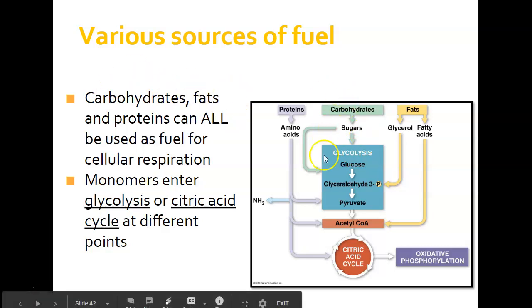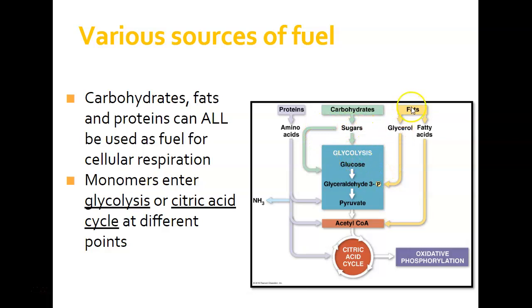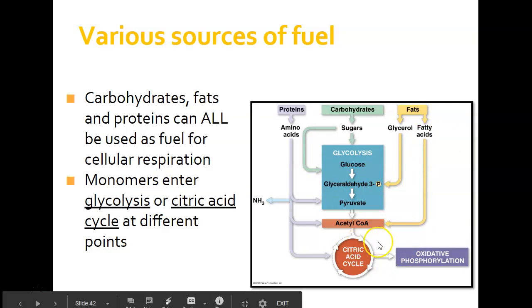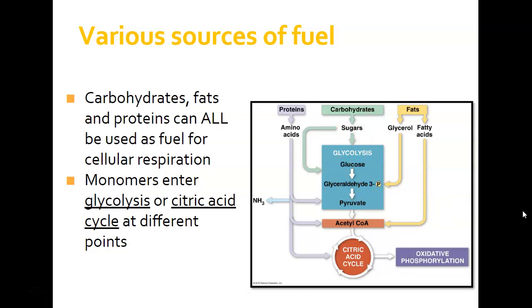Carbohydrates enter in glycolysis. The sugars enter in that step. Fats can enter as glycerol, somewhere in the middle of glycolysis. They can also enter, kind of bypassing glycolysis, in the acetyl-CoA phase. Proteins also enter a little bit later on. They skip over the glycolysis. And that's why, depending on what is happening, you make slightly different amounts of ATP.